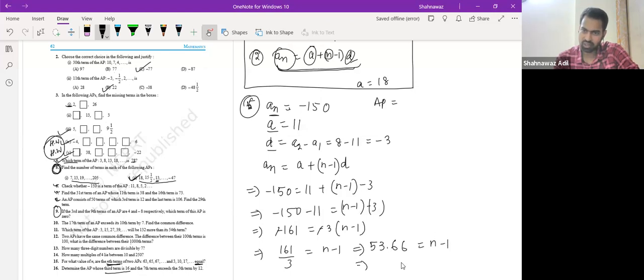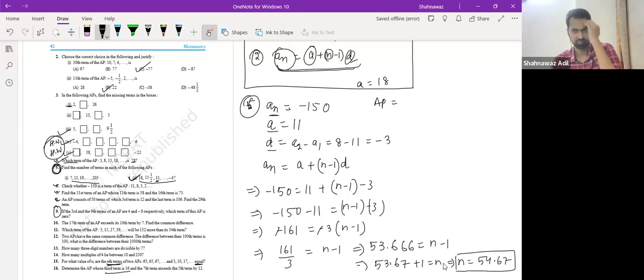If I take 1 to the right hand side, I can write this as 53.67 plus 1 equals n. So n is 54.67, right? So can the number of terms be a fraction? No, sir.